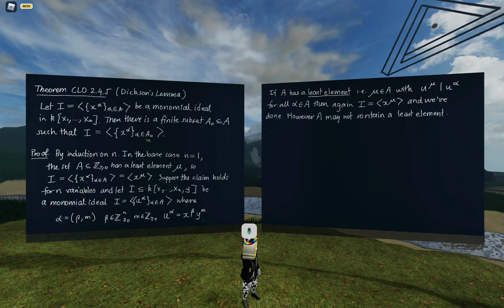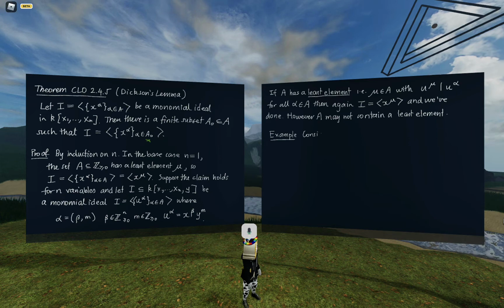So I want to think through an example within the proof, because to understand the strategy of the proof of Dickson's lemma, you really have to see how you're adapting to this failure of there being a least element.